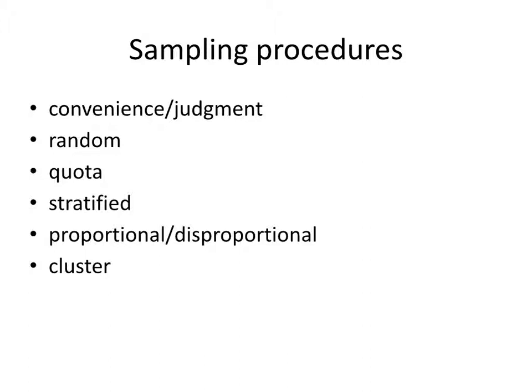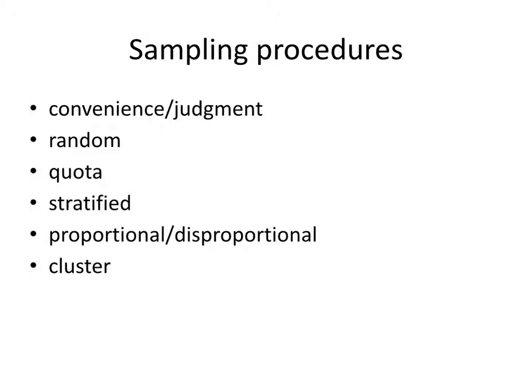Quota sampling and stratified sampling are done to assure that the sample has good representation of values of these control variables. So if we expect that our population is, say, 50% age 50 and above, and 30% age 30 to 50, and 20% below 30, then we want to assure that our sample also has the same proportion of those ages.